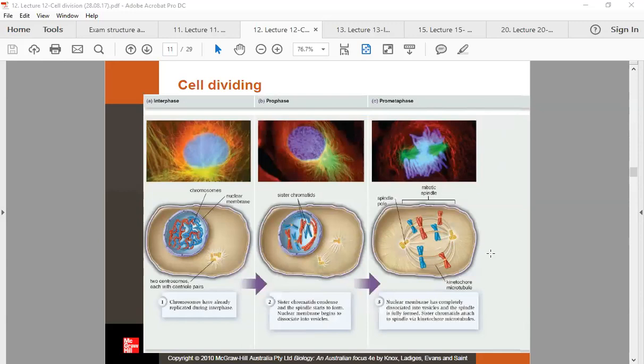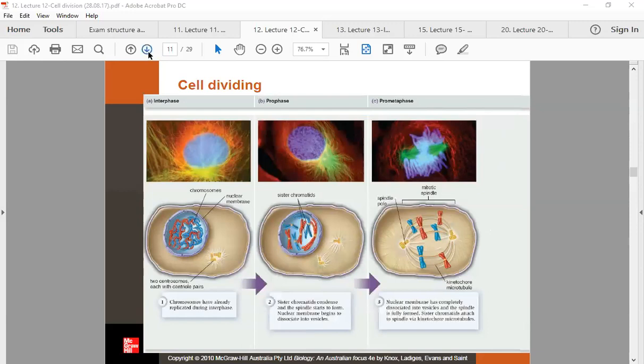The nuclear membrane has completely broken down. So you can see the nuclear membrane here. Here, it's completely gone. Yep, nuclear membrane has completely broken down. Something else, what's completely formed now in prometaphase? The spindle, the mitotic spindle, yep, is fully formed here. And correct, the sister chromatids are now attached to the fibres of the mitotic spindle.